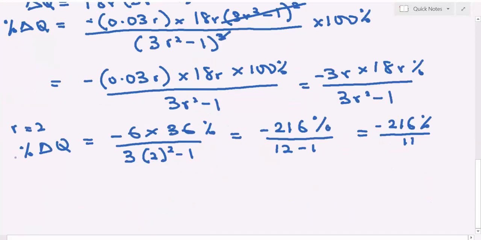So when we use our calculator, the approximate percentage change in Q will give us minus 19.636.